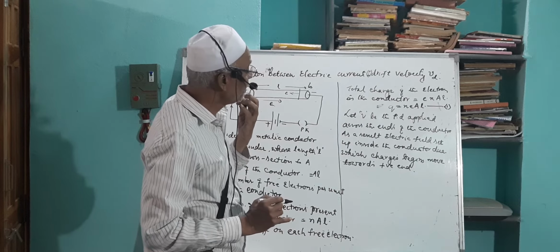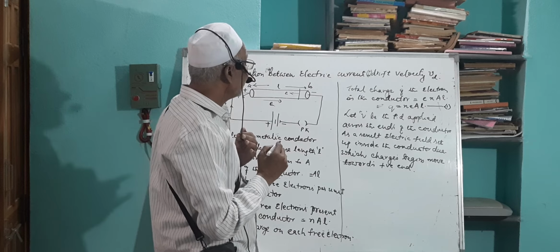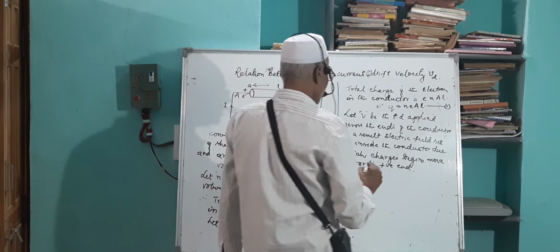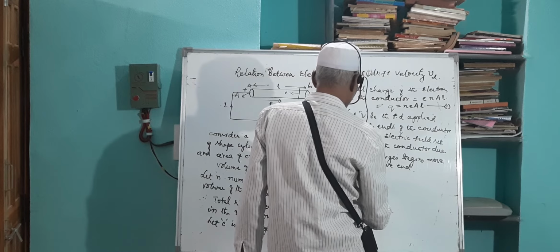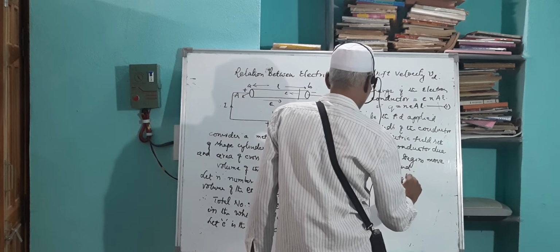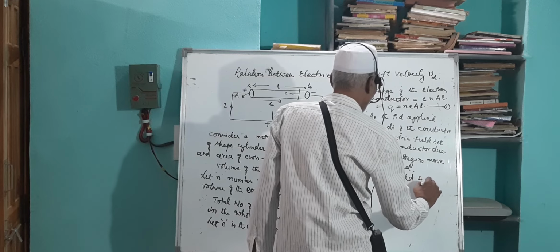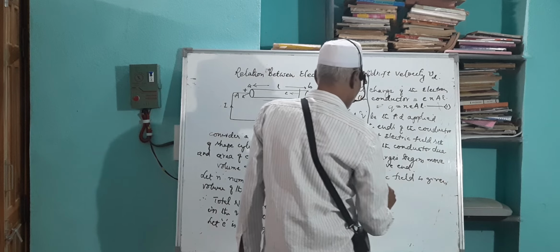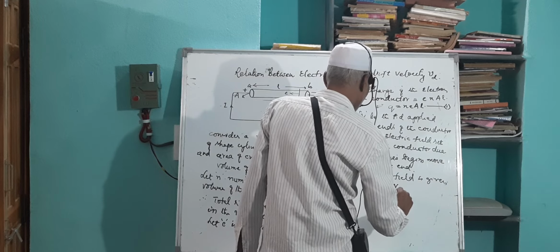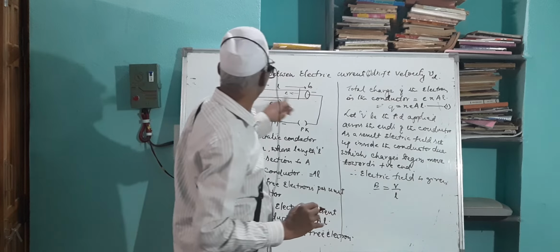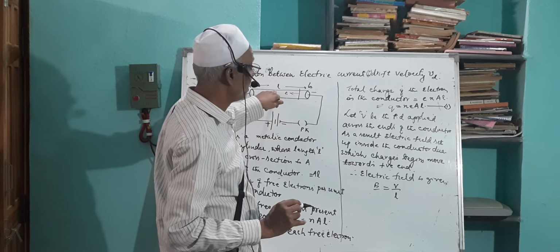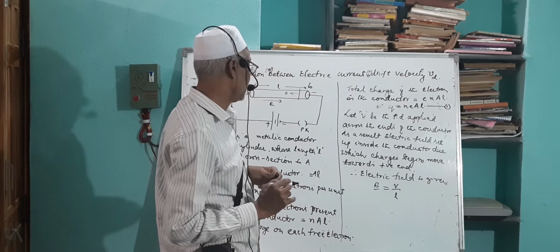So that means the electric field set up in the conductor is given by E = V upon L, where V represents the potential difference applied across the ends of the conductor, and L represents the length of the conductor.